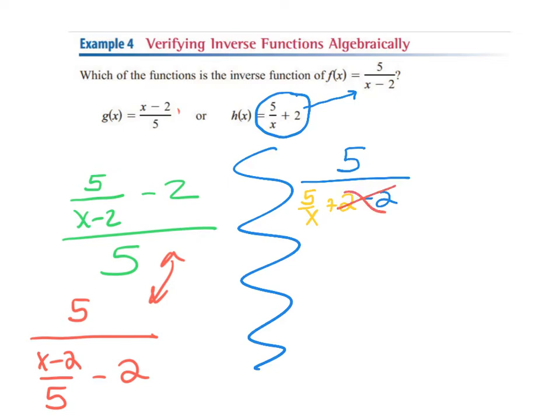They cancel out, so I'm left with 5 over x. Is this a fraction divided by a fraction? Yes. Keep, change, flip. So this becomes 5 times x over 5. What happens to my 5's? They cancel, so I'm left with just x.